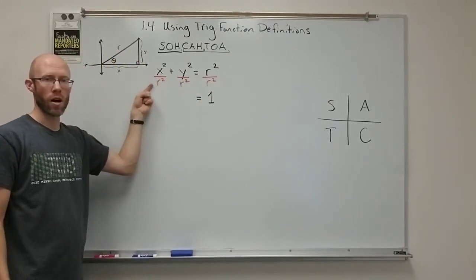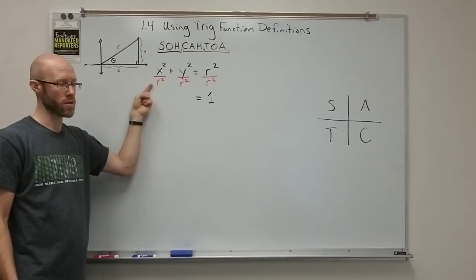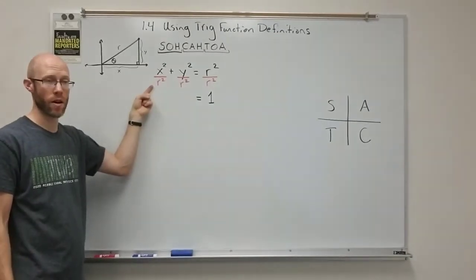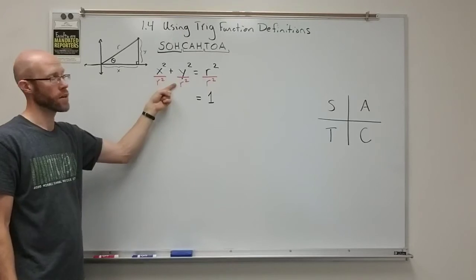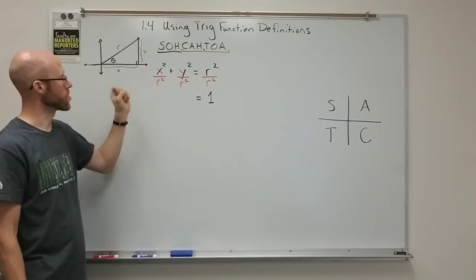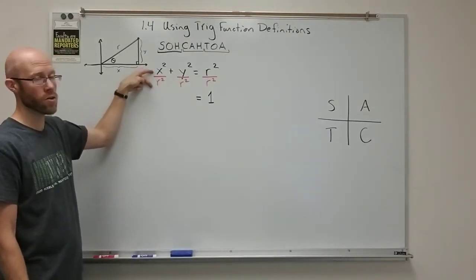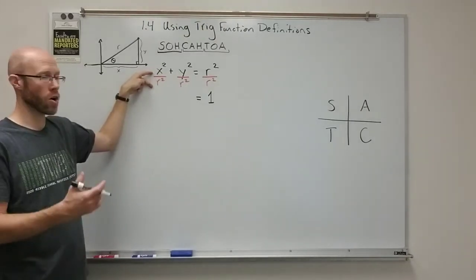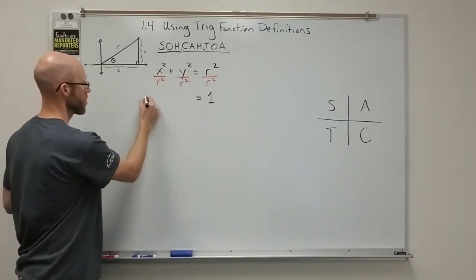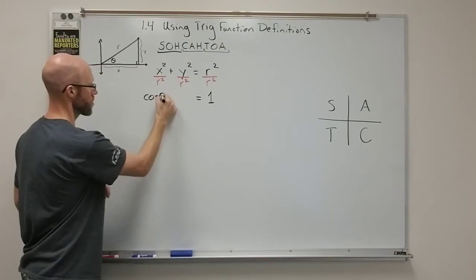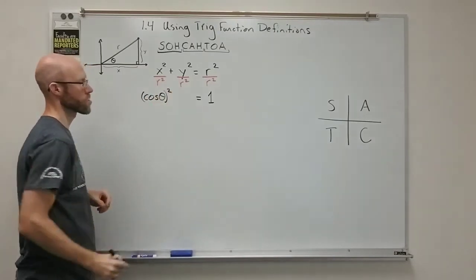But x over r, remember, is the cosine, right? And y over r is the sine. And so x squared over r squared is the cosine theta squared, right?